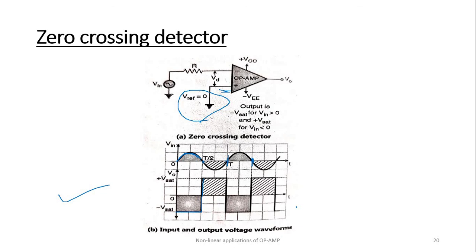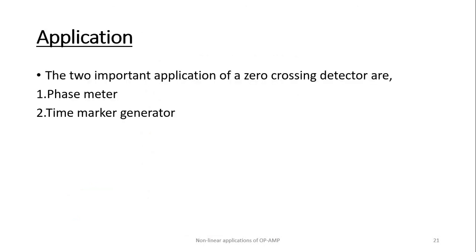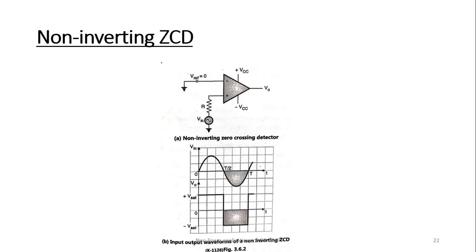The zero crossing detector is also known as a sine wave to square wave converter, because at the input we give a sine wave but at the output we get a square wave. Two important applications of the zero crossing detector are the phase meter and the time marker generator.